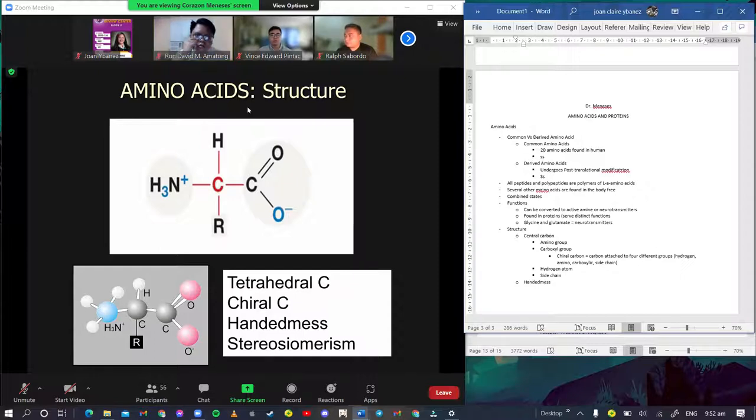Okay, rotation of the polarized light, either to the left or to the right. So it is levo, which is a small l, and dextro, which is a small d. How about stereoisomerism?